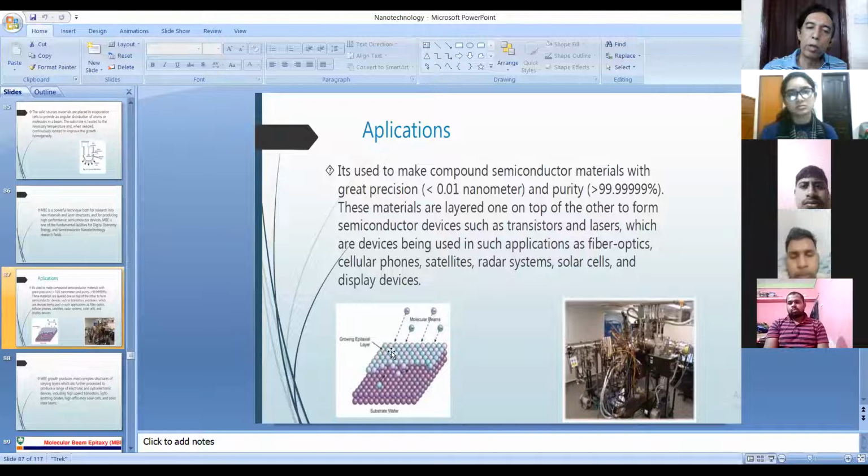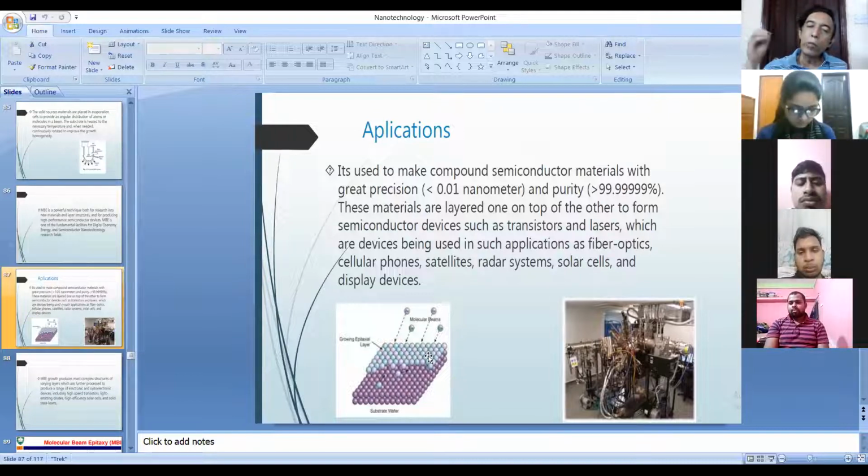Here you see one line of, say for example, gallium. You have one line of indium. Now you want that I require two lines of gallium and one line of indium. You can do it. If you want three lines of gallium and then two lines of indium, you can do it.